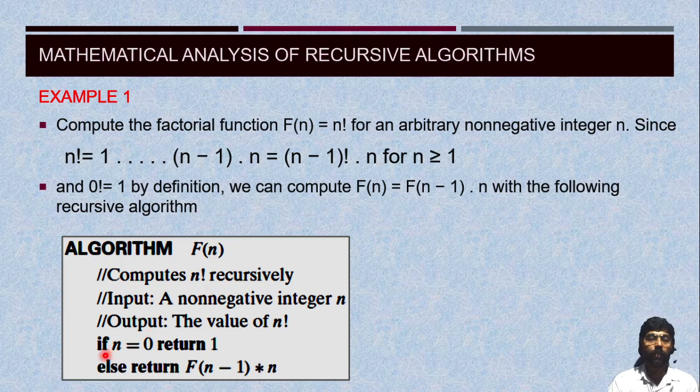How does it work? If the n value is 0, it returns 1. If n is greater than 0, we multiply factorial of n minus 1 with n. Whenever n minus 1 becomes 0, our recursive algorithm stops.